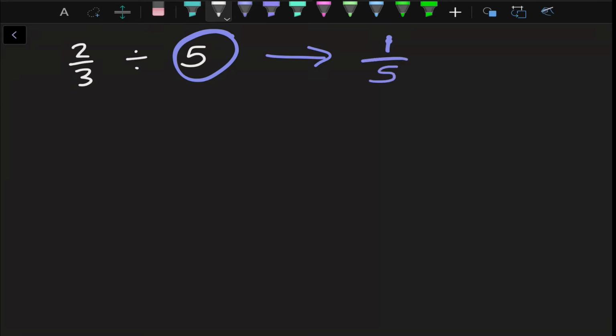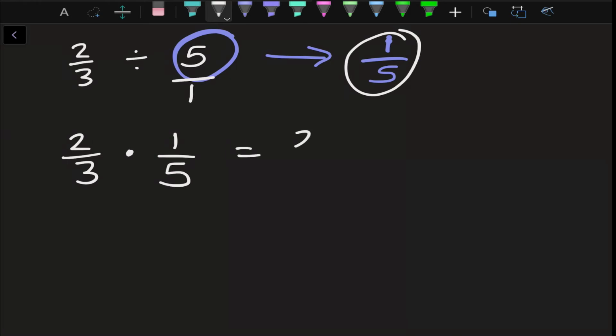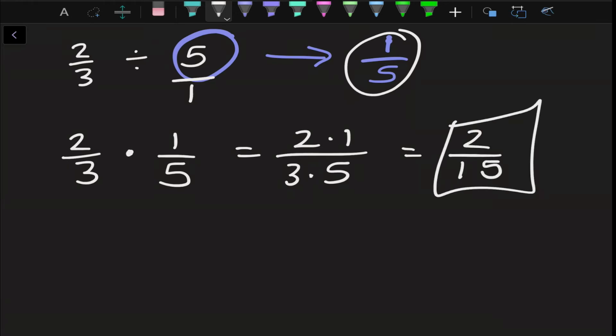Because if we think about it, 5 is just 5 over 1. So flipping it, we get 1 over 5. So we can come back down here, 2 over 3 times our new buddy over here, 1 over 5, gives us 2 times 1 over 3 times 5, which is 2 over 15. And that is in simplest terms.